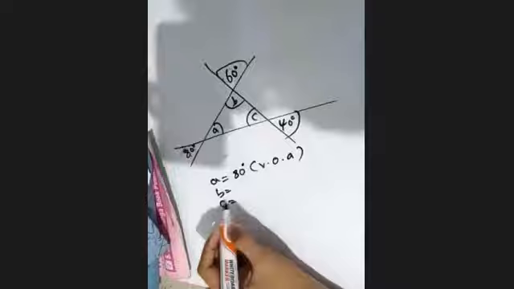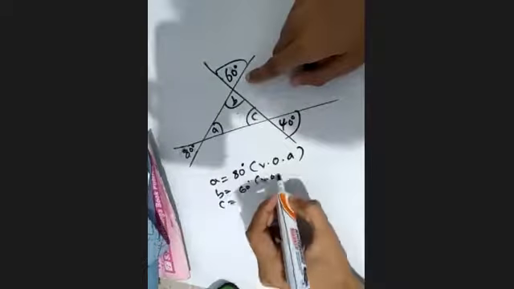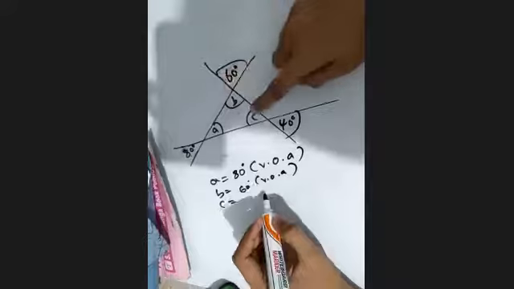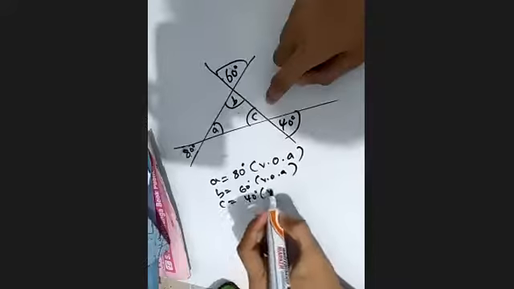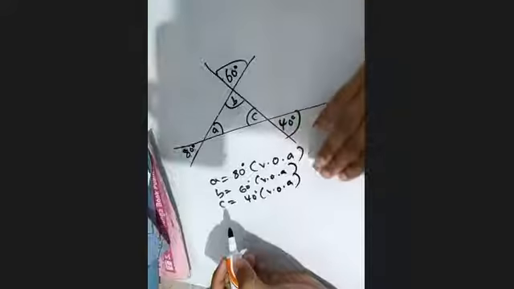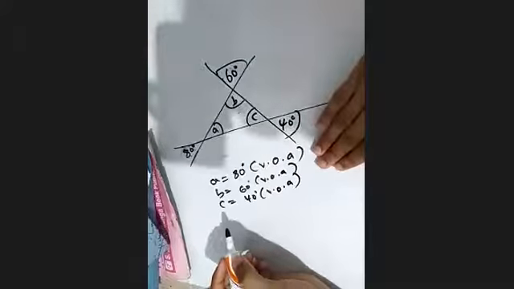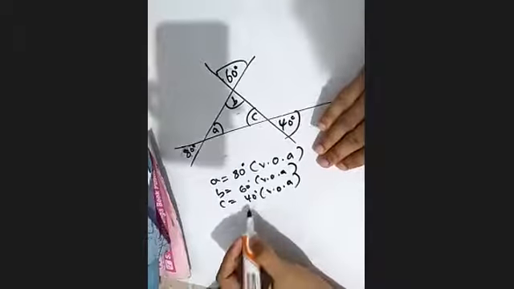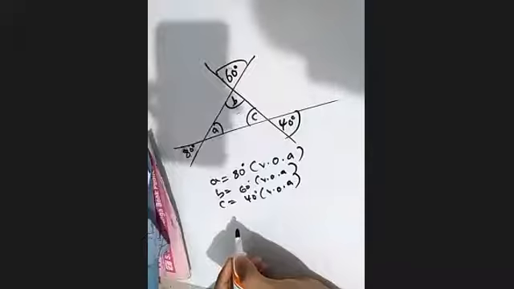B is equal to 60 degree, right? Vertically opposite angle. C is equal to 40 degree. Vertically opposite angle. You are clear with these things? Yeah, B is 60 and so on for all three. Yeah, good.